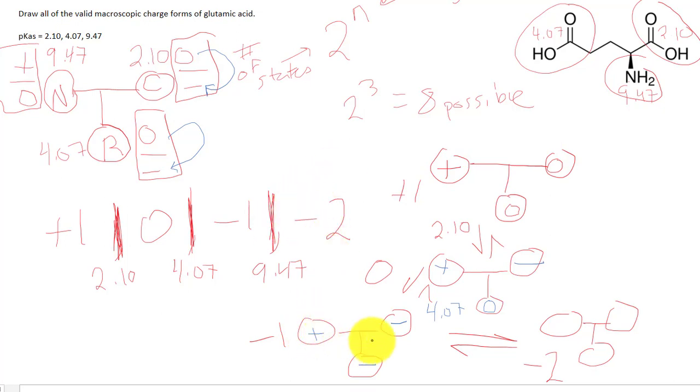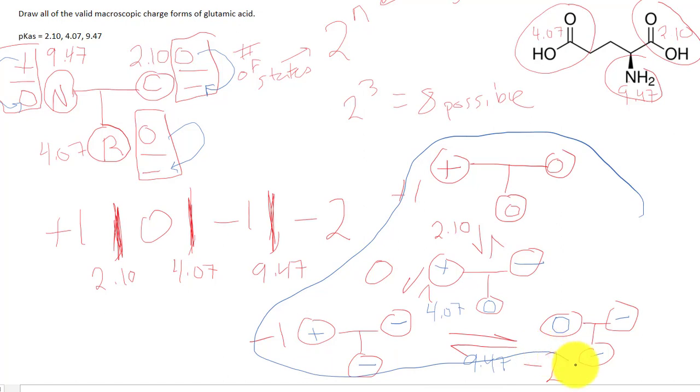So altogether, we end up with -1 here. And finally, we're going to pass the pKa at the N-terminus of 9.47, which is going to cause our N to switch from protonated and deprotonate to 0 charge. Our -2 form is going to be negative, neutral, negative, negative. So those are our 4 charged forms of our glutamic acid.